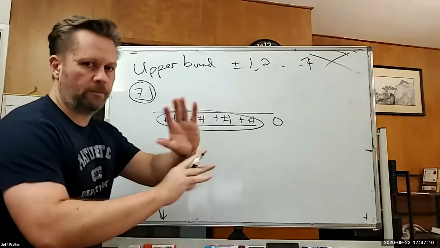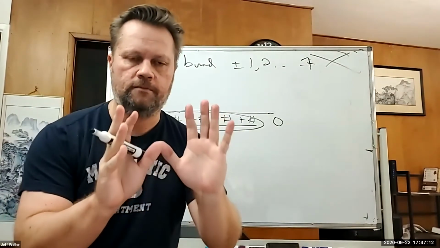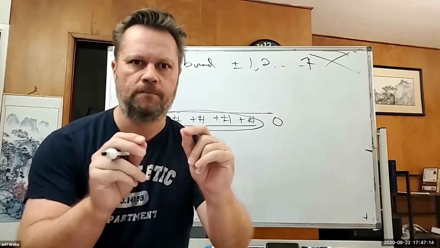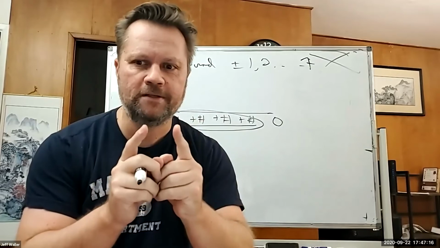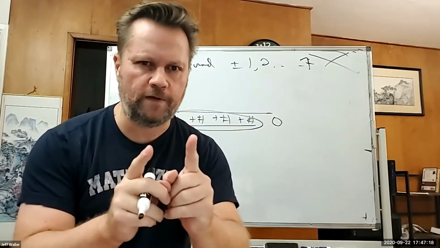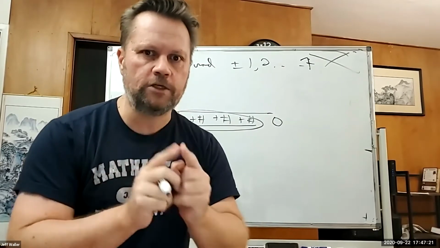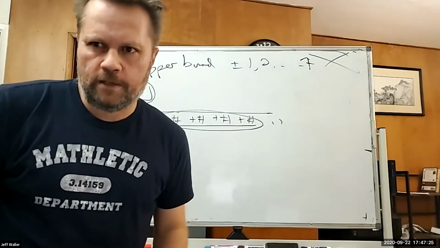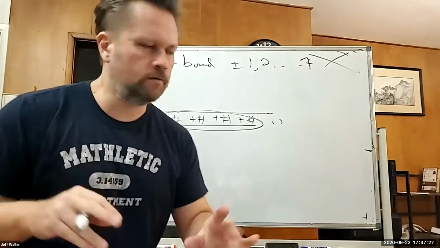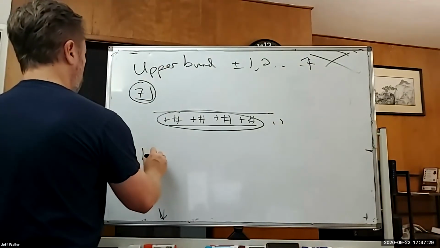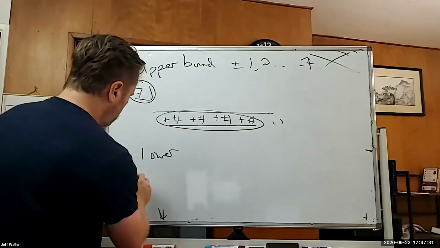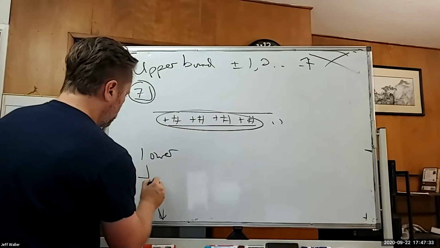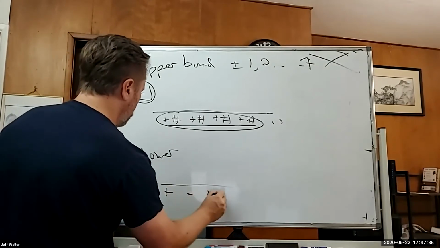How does lower bound work? Before I change the track I'm on, upper bound is when you synthetically divide and it leaves you with nothing but positive stuff. How would a lower bound work? Alternating signs. Yeah, alternating signs: positive, negative, positive, negative.